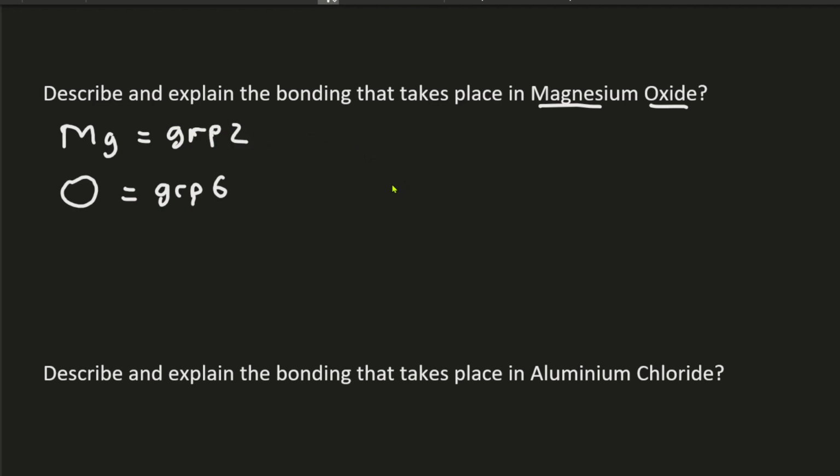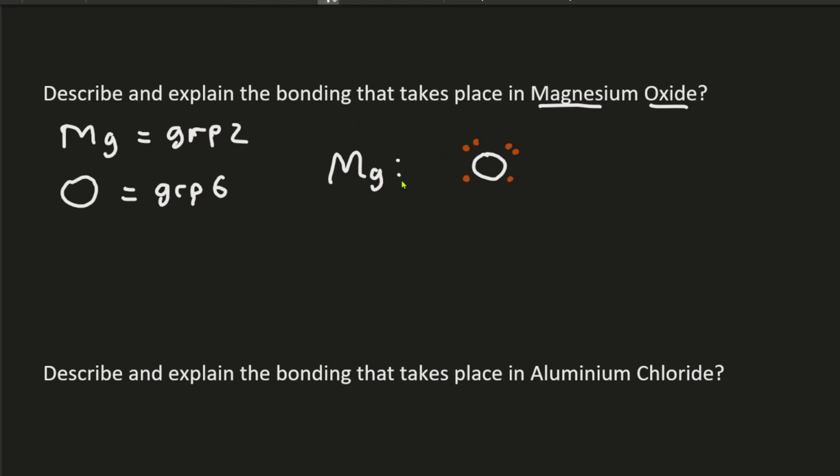Okay, so how does that look? So let's do that first of all. So Mg 2, and then you've got oxygen, which is going to be 1, 2, 3, 4, 5, 6.